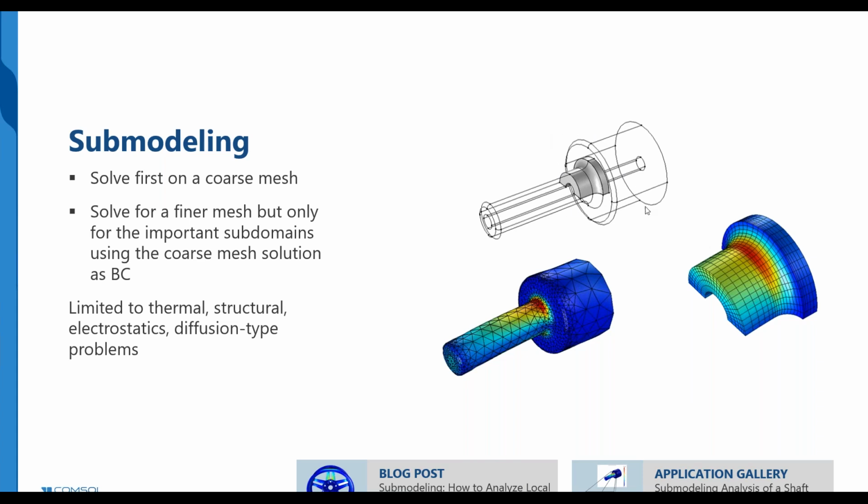So the more detailed simulation is using the coarse simulation for boundary conditions and maybe even initial values to solve a more detailed simulation for a part where you know that the mesh resolution is important. This is a technique that not always works. The problem has to be forgiving in a certain sense. Thermal conduction, structural mechanics, electrostatics, and diffusion type problems can typically be attacked with sub-modeling, but for more complicated problems, it might not work.